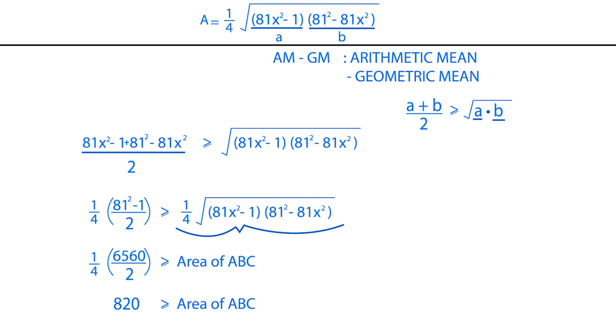So the maximum area for ABC is 820. And that is exactly what they wanted us to find out: what is the largest area that this triangle, triangle ABC, can have?